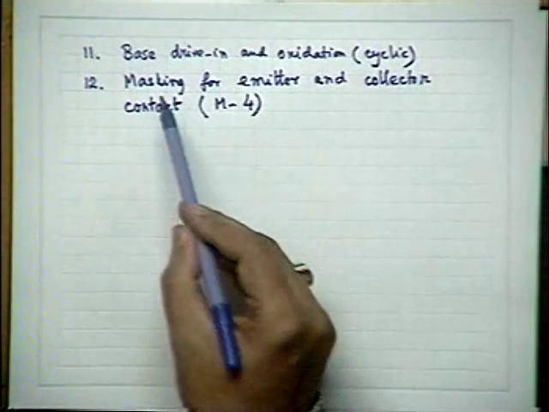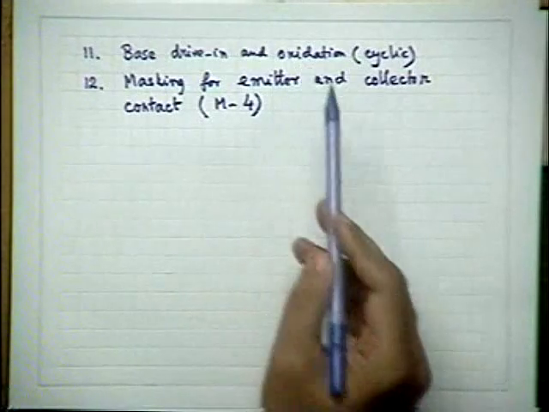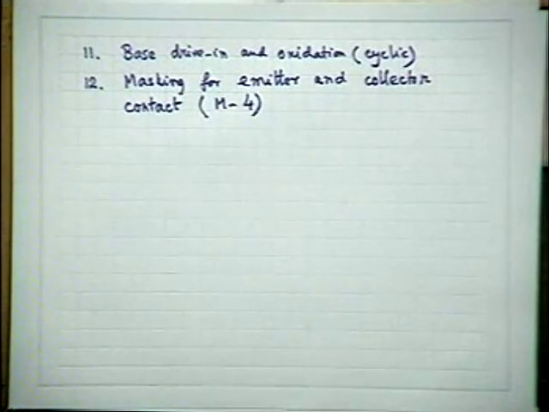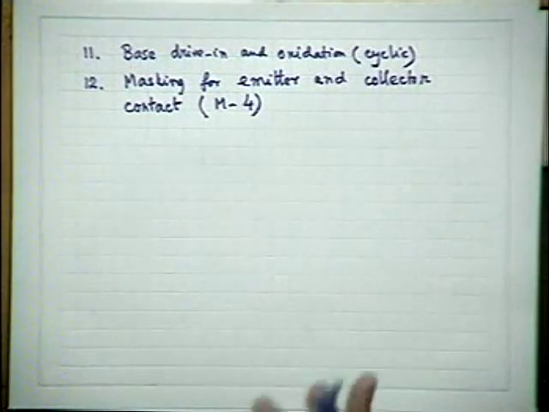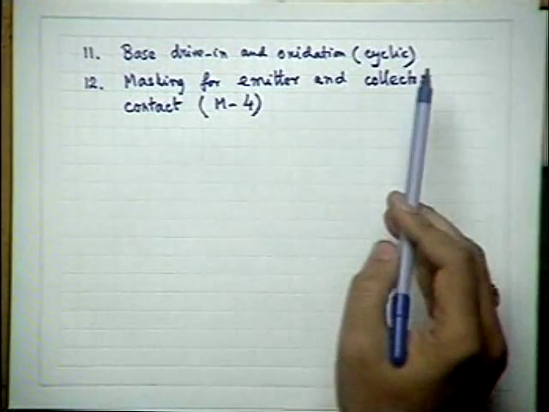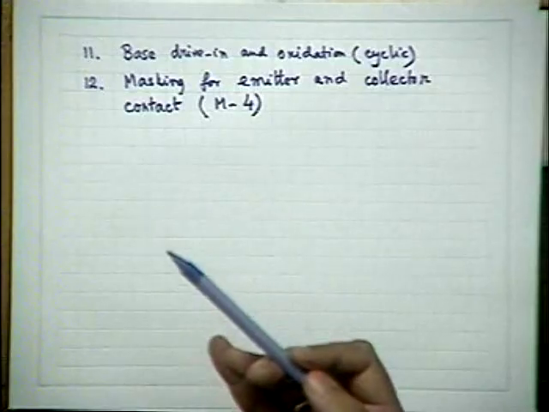So again, after the base drive-in and oxidation cycle, let me repeat, drive-in and oxidation are the same thing, simultaneously carried out. You get a thick oxide as well as do the drive-in.